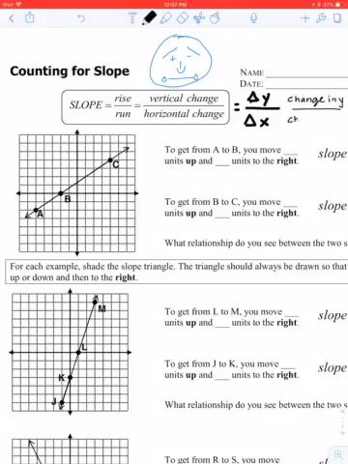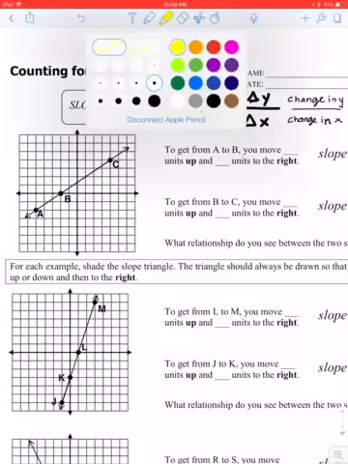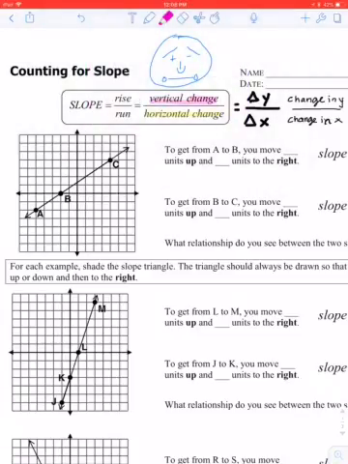All right, so now let's go ahead and highlight, because again, we're going to do our horizontal changes in yellow, and our vertical changes in pink. So our rise is going to be pink, our run is going to be yellow.